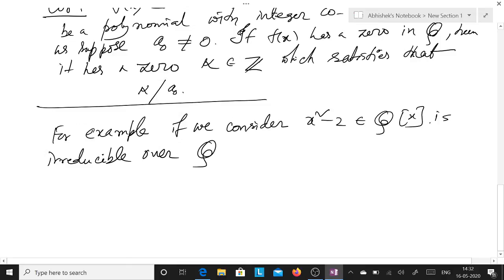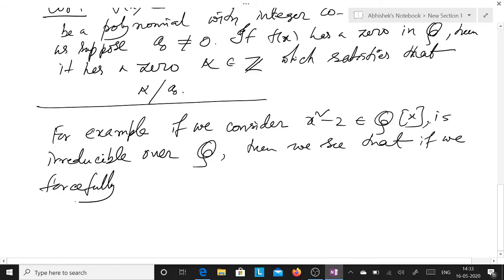So if we consider this polynomial, then we see that if we forcefully assume that, yes, this polynomial has a 0 in the field of rationals.